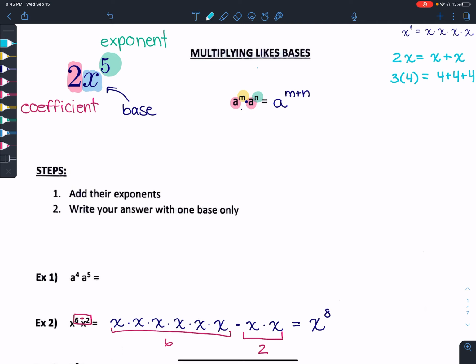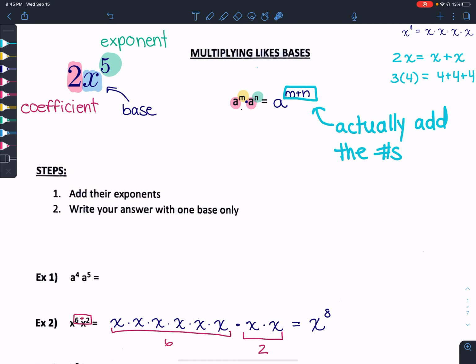So when you use this rule in practice, M and N will be numbers, and you will not leave it like this. You will most likely have numbers, and you will actually add the numbers. This is just the rule to show you how you get your number.